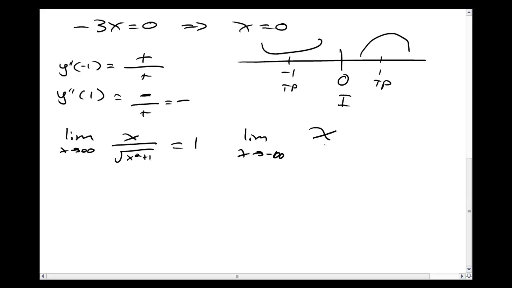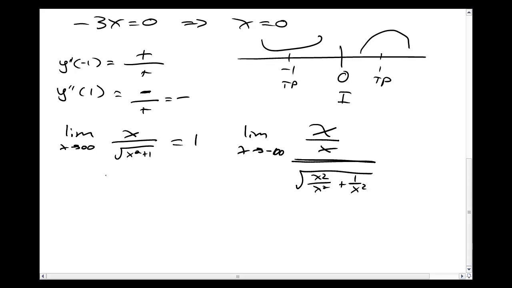Well, I take the top, and I'm going to divide everything by x. When I pull that x into the denominator, I have to pull that x into the square root, and dividing by 1 over x on the bottom, pulling that into the square root, gives me an x squared over x squared plus 1 over x squared. Regardless of whether I have positive infinity or negative infinity as my limit of x, the bottom part is going to go to 1.